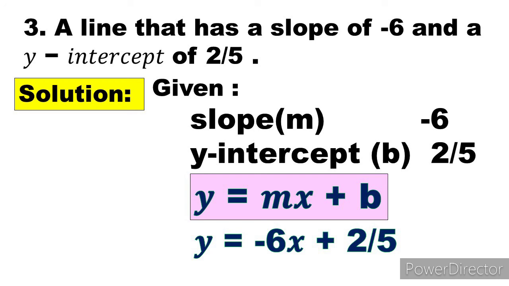We use the slope-intercept form, y equals mx plus b. Substituting, m is negative 6, so we have negative 6x plus b, which is 2 over 5. Therefore, the equation of the line is y equals negative 6x plus 2 over 5 in slope-intercept form.